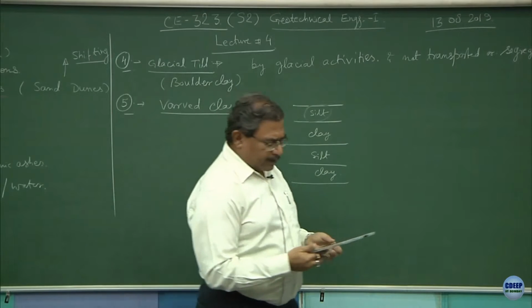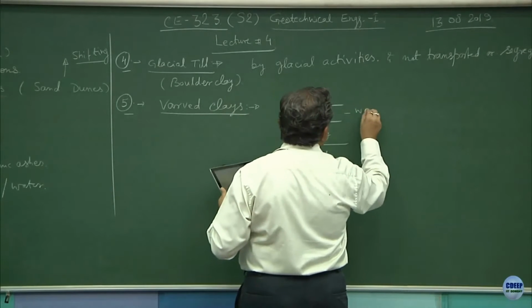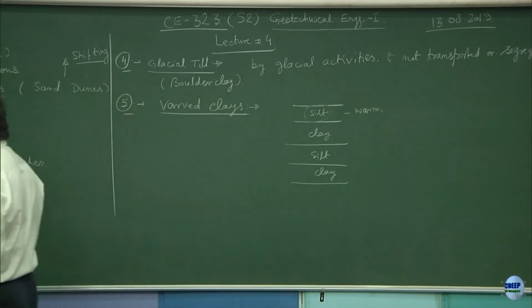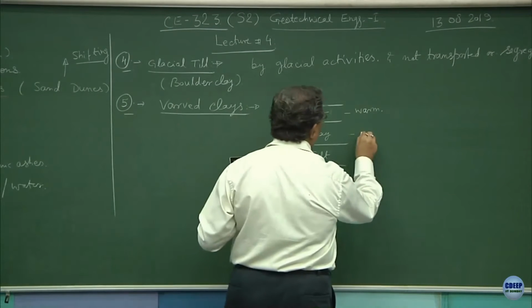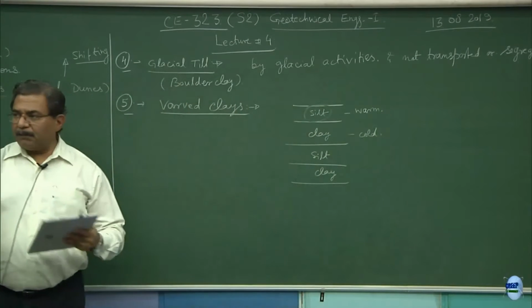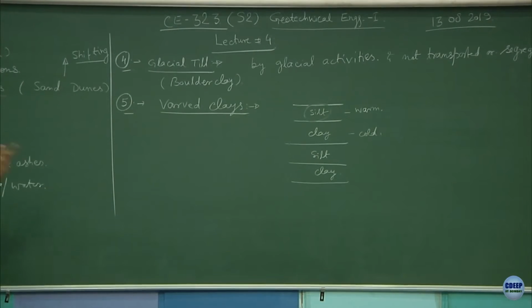Now, it so happens that whenever there is a warm weather, silt gets deposited, and whenever there is a cold weather, the clay gets deposited. So, every 6 months, when the weather changes, the deposition pattern also changes.